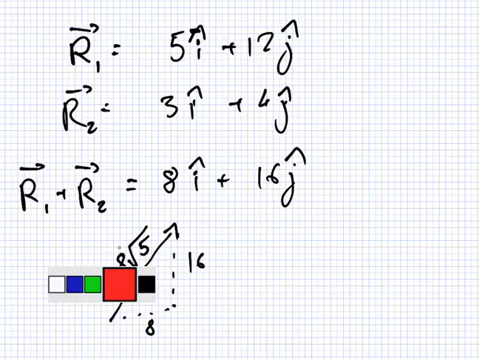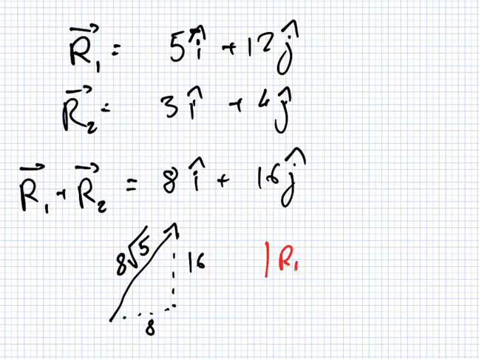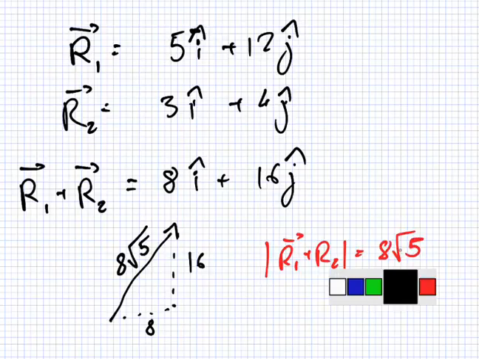What do we call the length of a vector? Magnitude. So I could say the magnitude of r1 plus r2 equals 8 root 5.